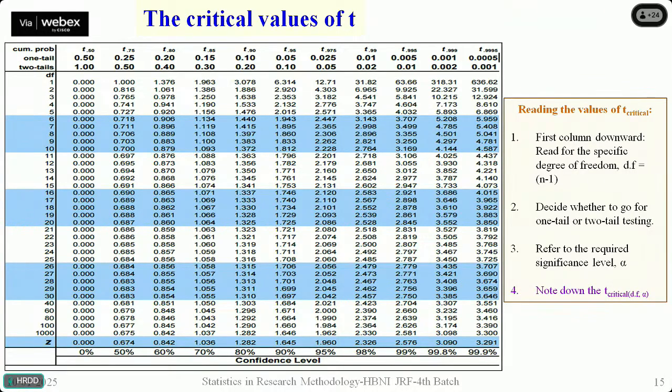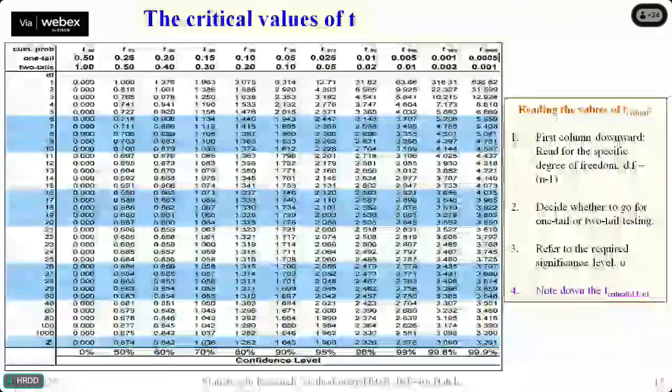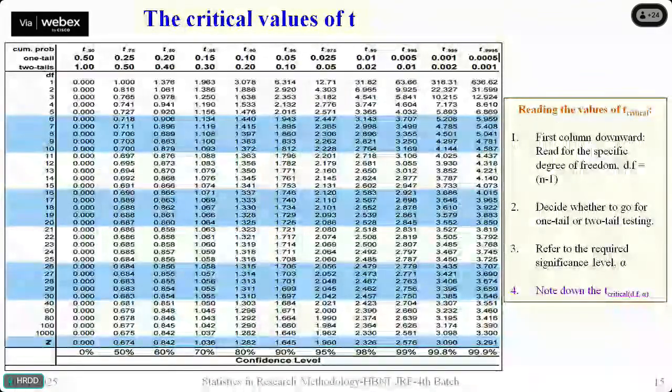Then below that 0.51, like that. So t.50 corresponds to a certain level of alpha, significance level. Whenever you see a subscript beside T, it will be for a certain significance level.